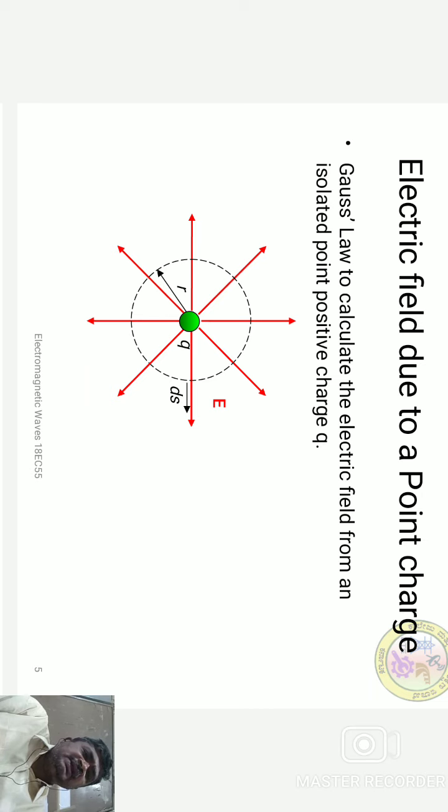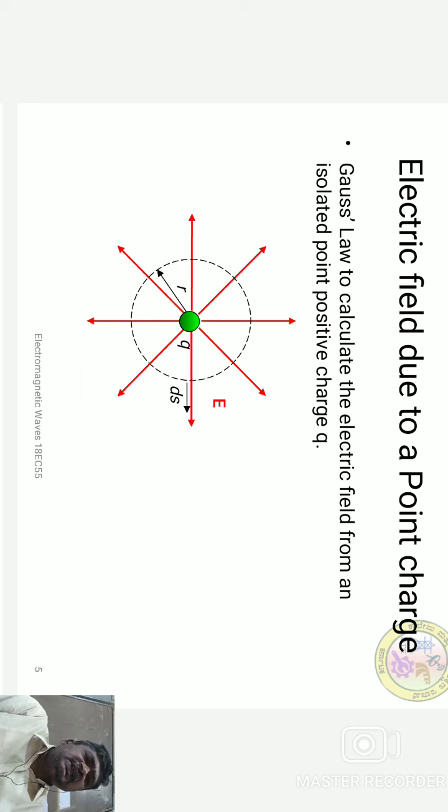The area vector ds and the electric field are normal, so when these two are normal, the value of theta is going to be 0. What is E?